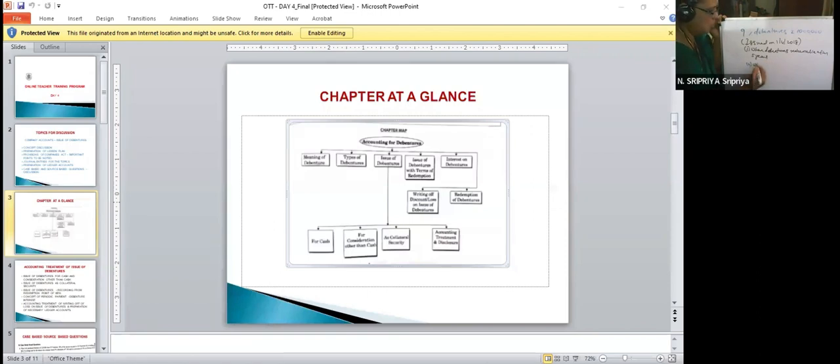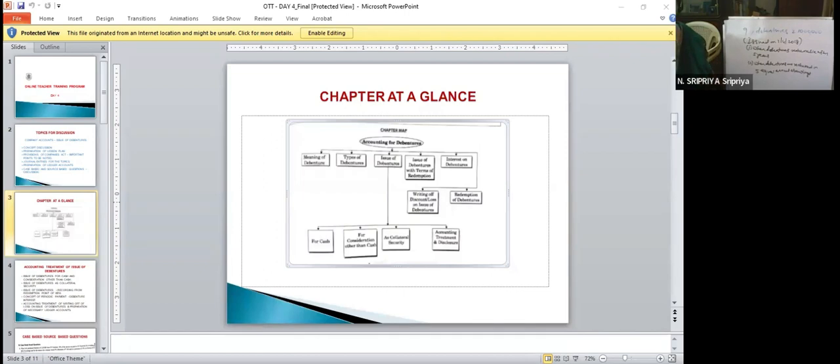Number 2, when debentures are redeemed in 5 equal annual installments. Fine. I think you have noted down.